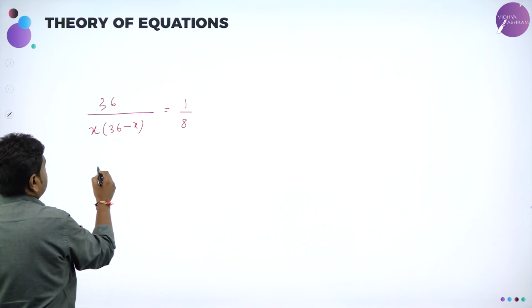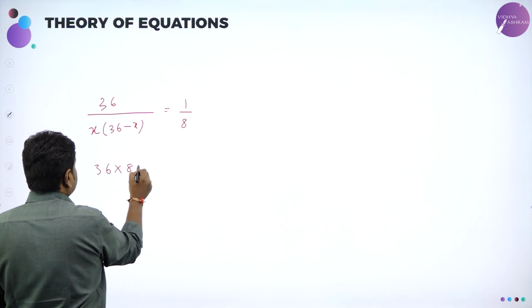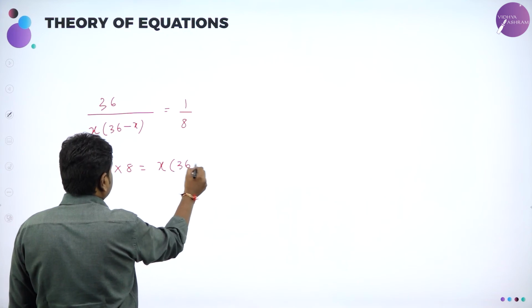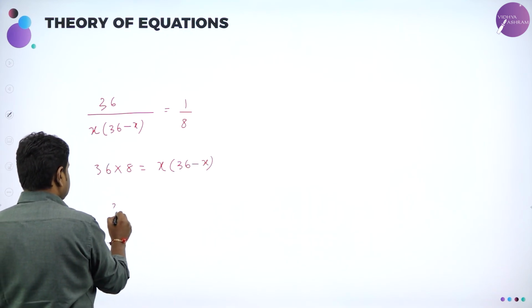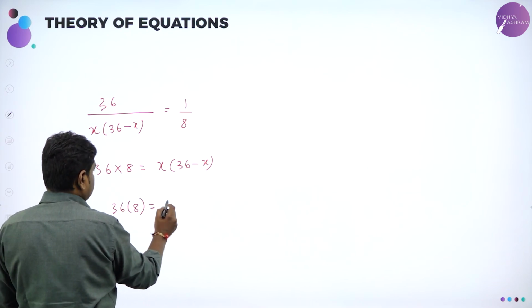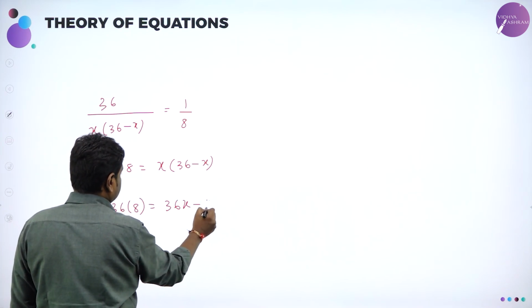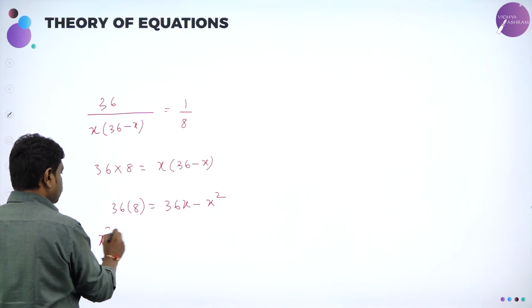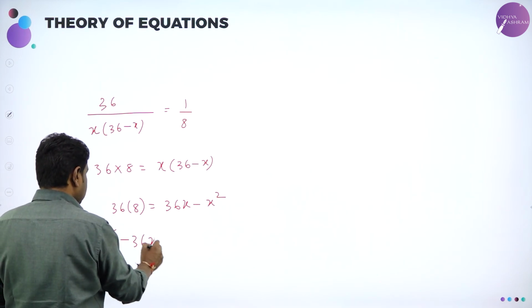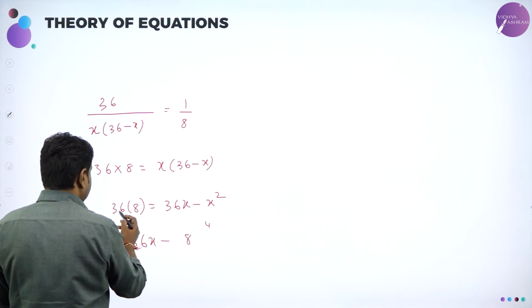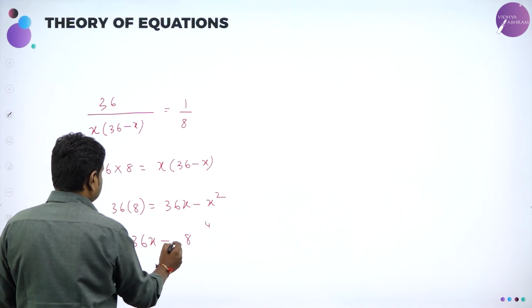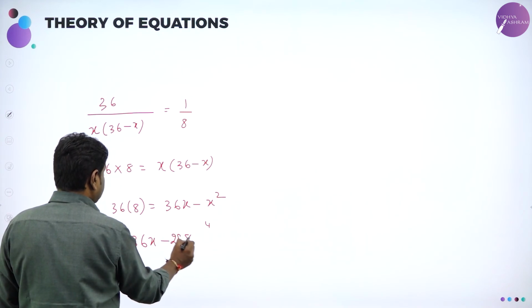Again, if I cross multiply, 36 into 8 is equal to x into 36 minus x, that is 36x minus x square. Bringing all terms to one side, x square minus 36x plus 288 is equal to 0.